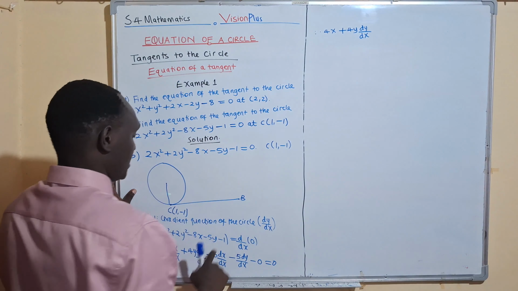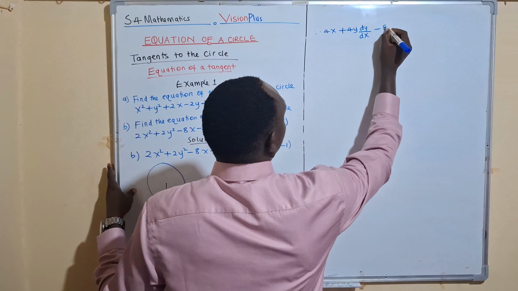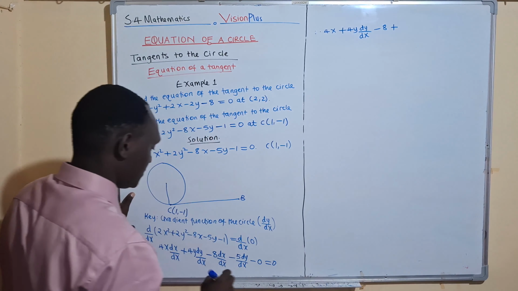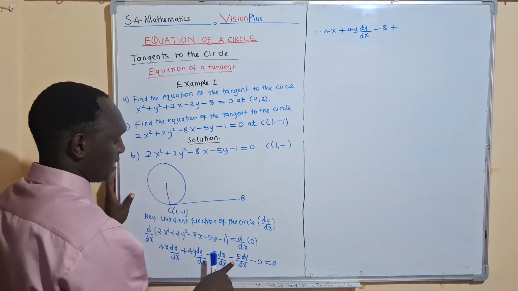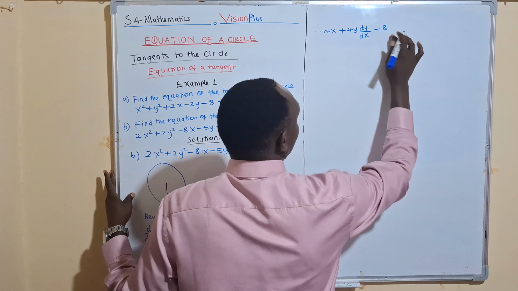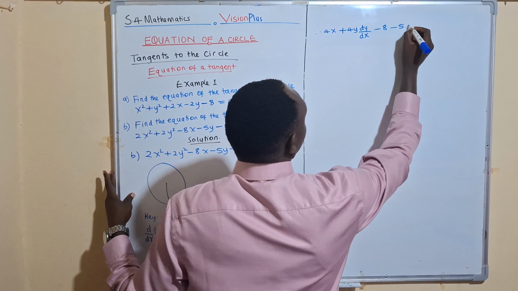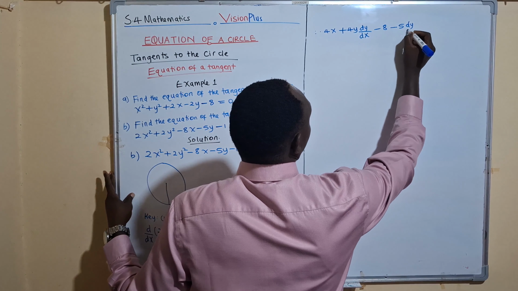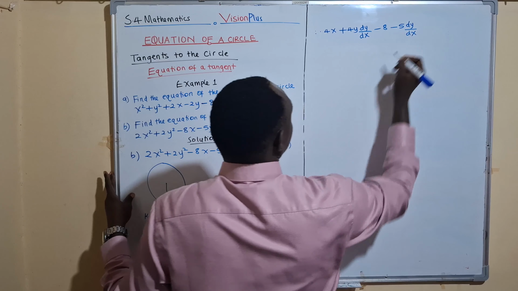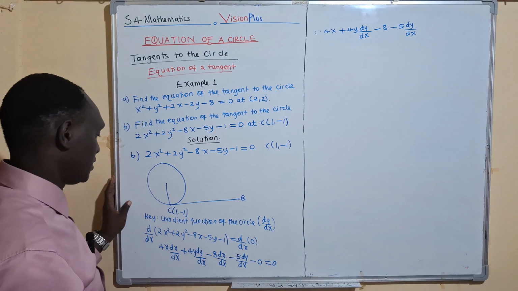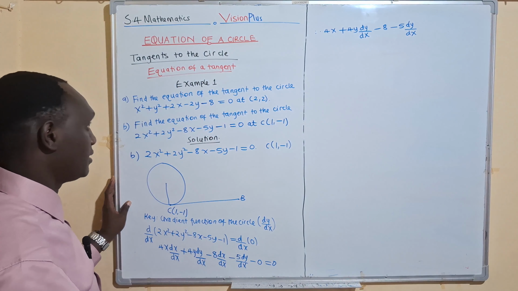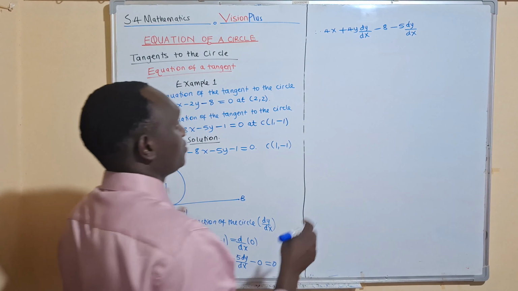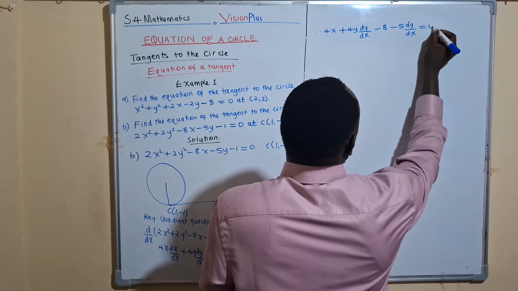And then minus 8, minus 5 dy/dx, equals 0.